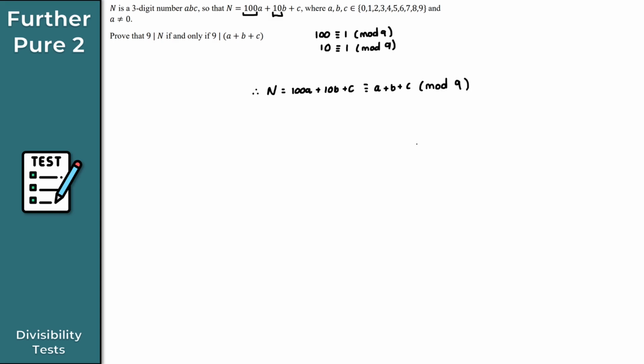Like so. Now, if 9 divides n, then n must be congruent to 0 mod 9. Okay, so let's just make a note here. So if n is congruent to 0 mod 9, then what we require here is, so let me just write here, if and only if.